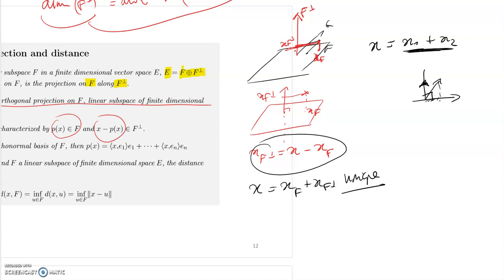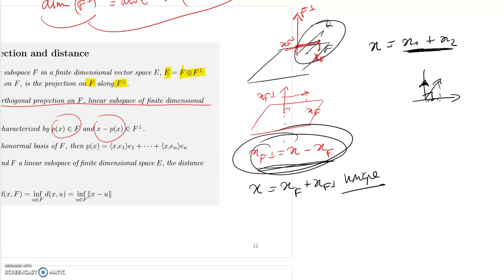We don't have any redundant information here. Whereas before, it was not going to be the most direct way to go from my point to my plane F. Right here, I've really got this unique decomposition.